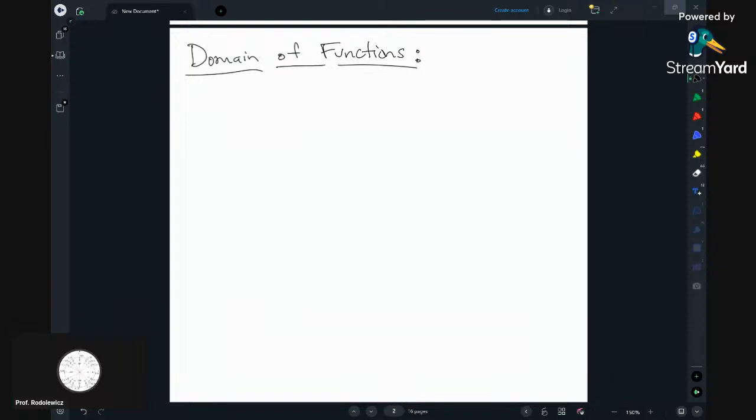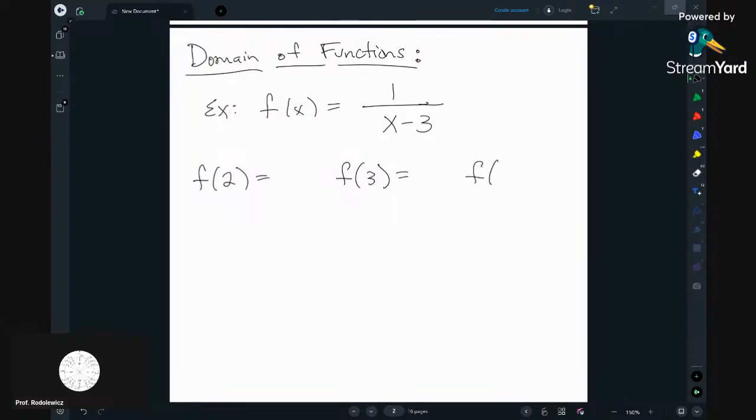well, here's an example. Mentally evaluate the function f at 2, at 3, and at 4.